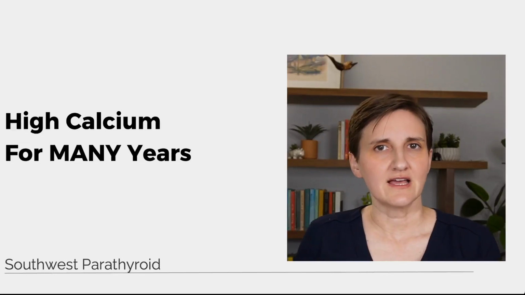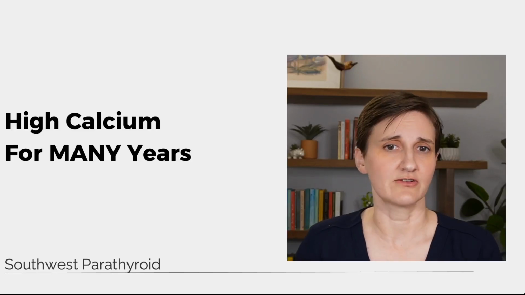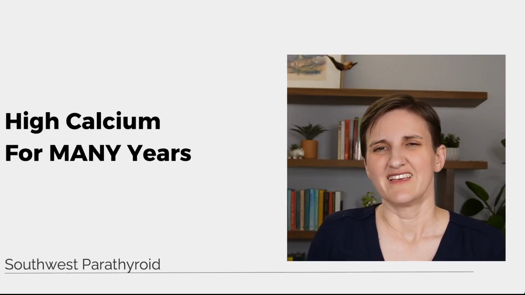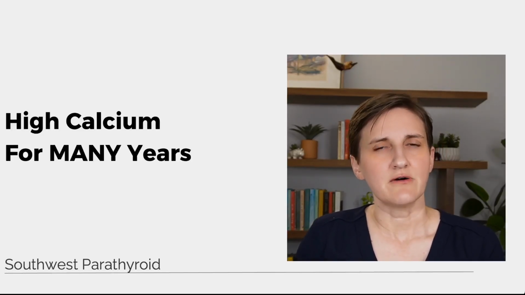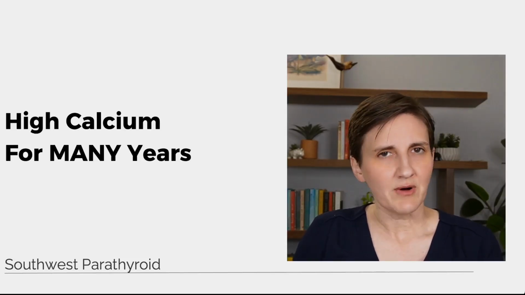If you've had high calcium for decades, like you tell me, I've had high calcium since I was 20 years old and I'm 60 now, that's kind of a red flag. That would be very unusual for primary hyperparathyroidism. It's not impossible.